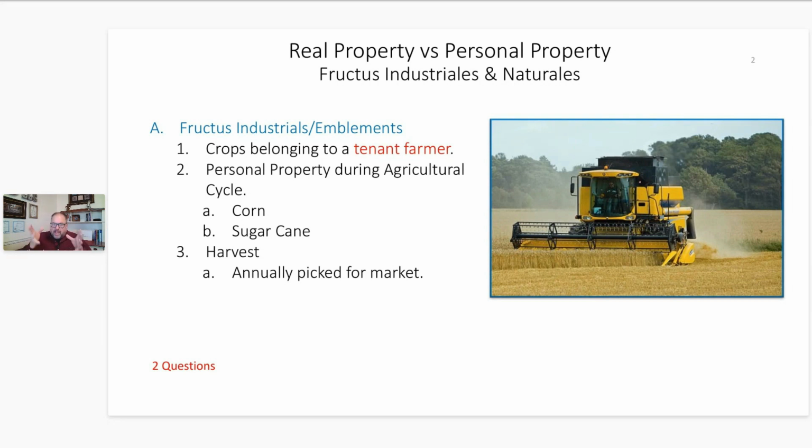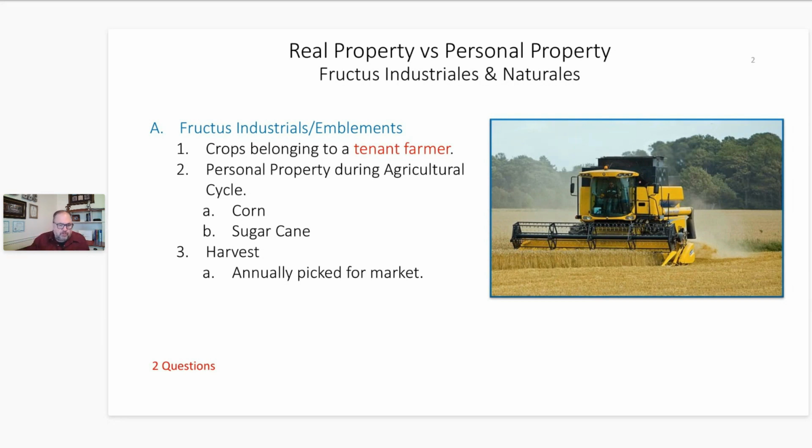Yes, it would seem like it's real property because they're permanently in the ground, but because they're going to be harvested, just like you see in the picture here, that big combine is harvesting this wheat field, and this individual in this combine may be a tenant farmer. Doesn't own the land, owns the crop. So it's considered personal property.